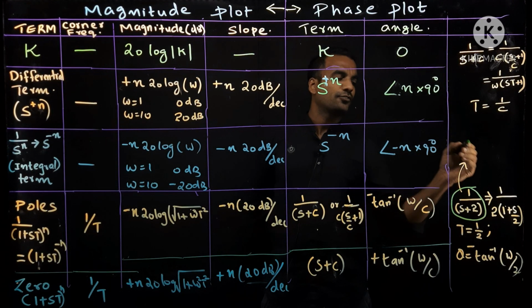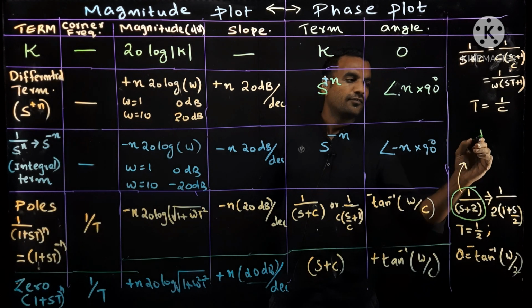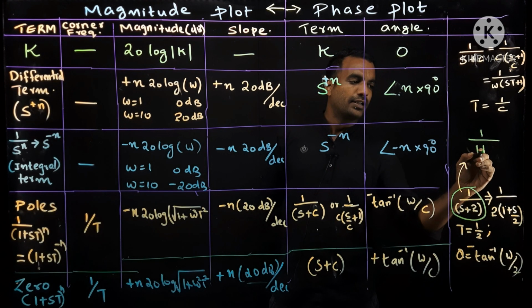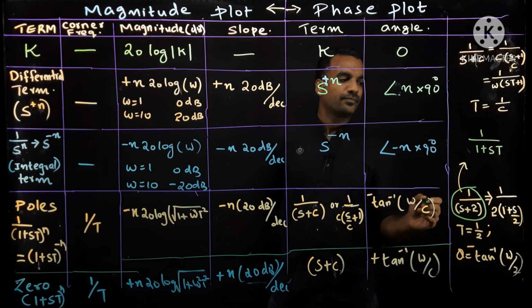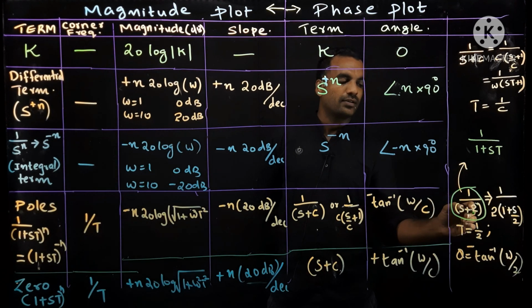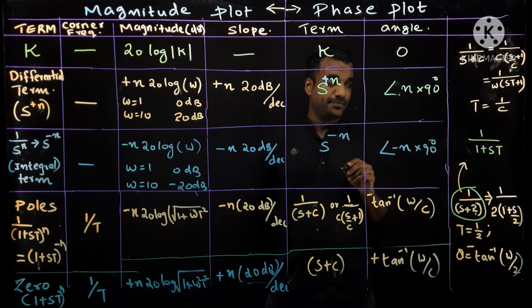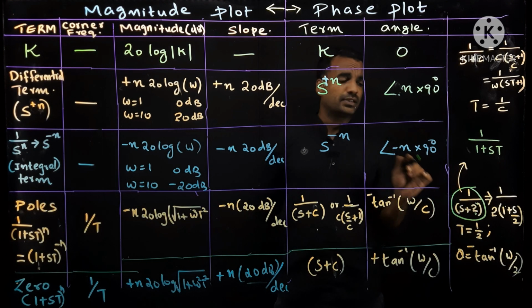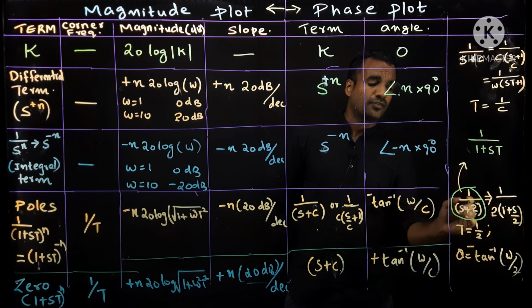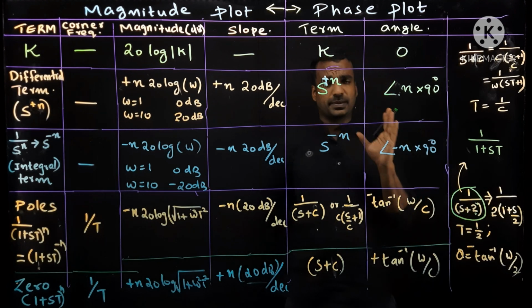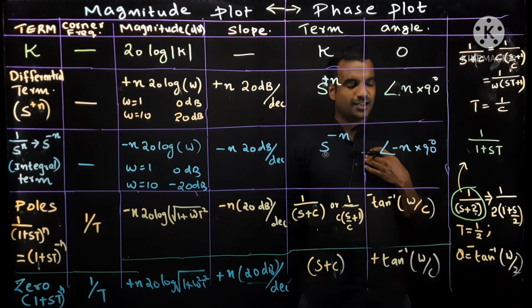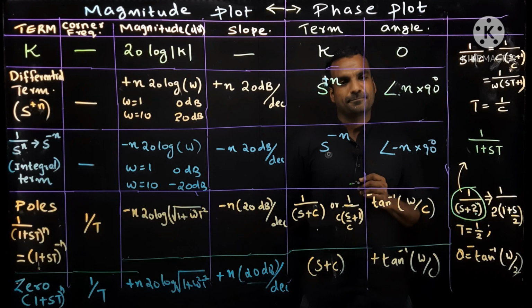What is the standard form of a first order pole? 1 by 1 plus sT. This term should become 1. Instead of this s plus 2, it should become s plus 1. What is the method to make it 1 by s plus 1? Please think how you can make it s plus 1.